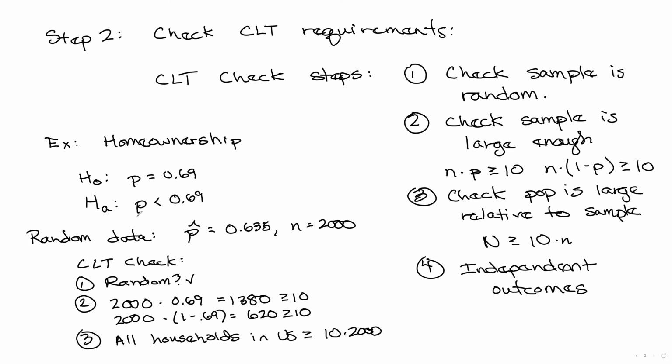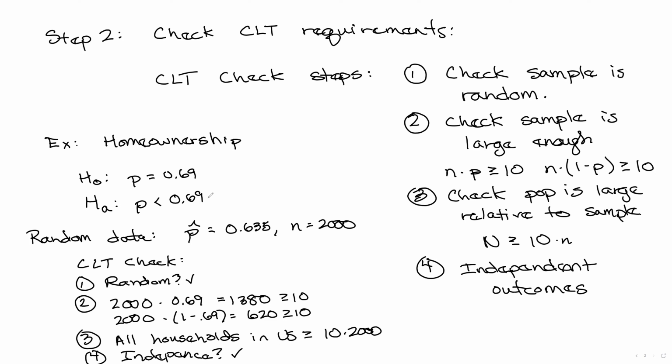There are way more households than 20,000. And then step 4, independence. You just have to trust that the person who did the survey says they're independent. All right, and that's the check. That's it. So that's step 2.